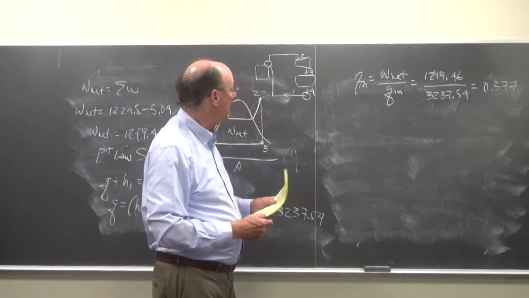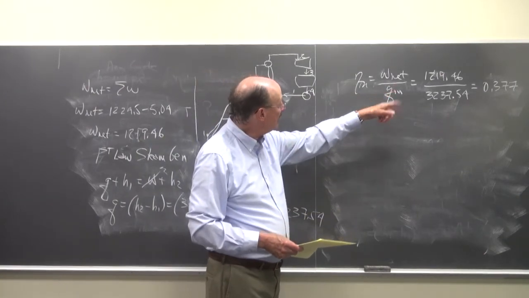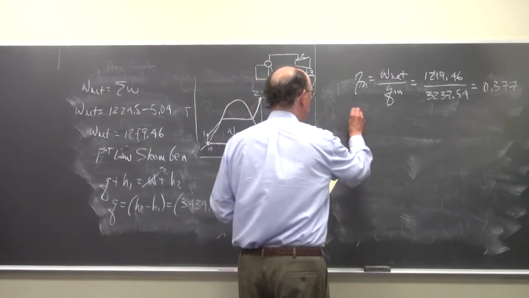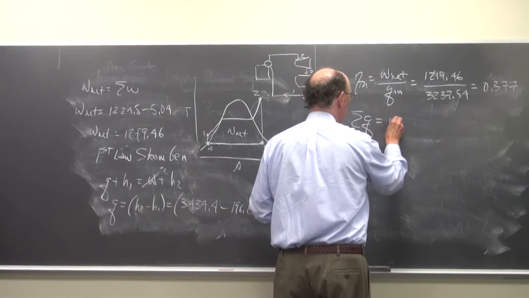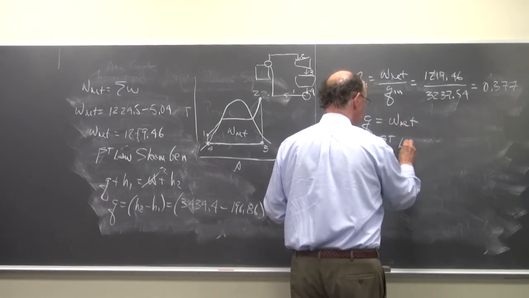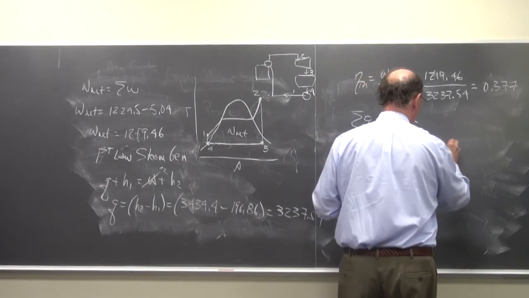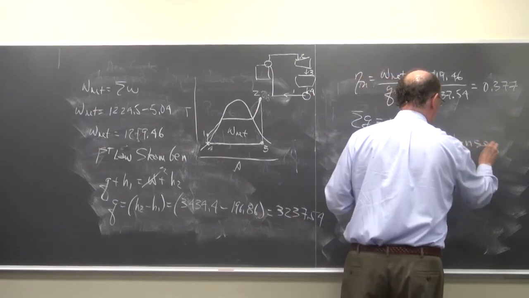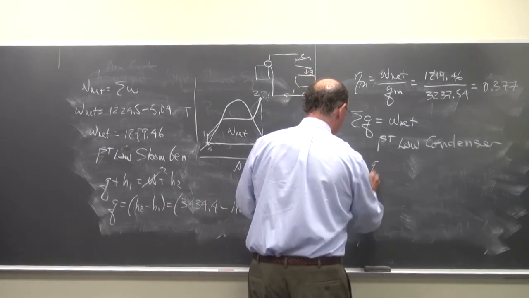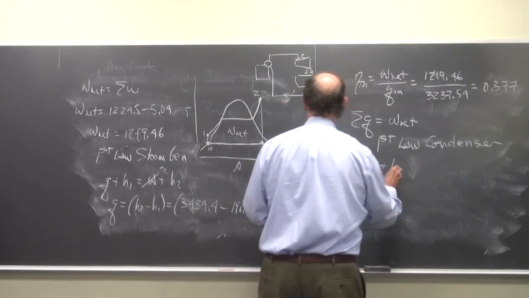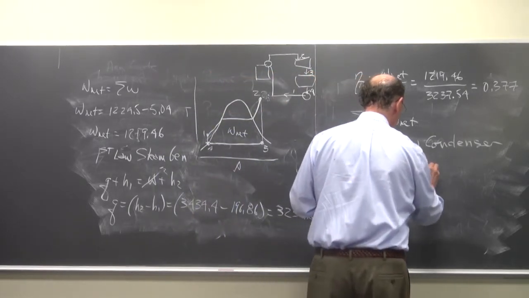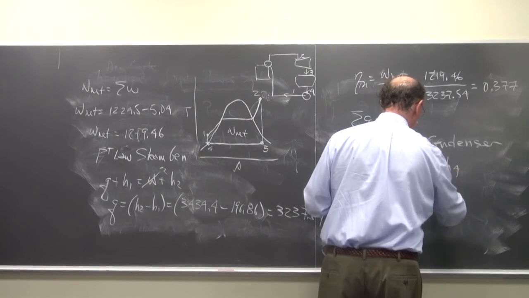We could find the heat out by simply subtracting these two, from sum Q is equal to W net. Or, first law in the condenser, we have Q plus H3, so the enthalpy of the steam going in, is equal to W plus H4.